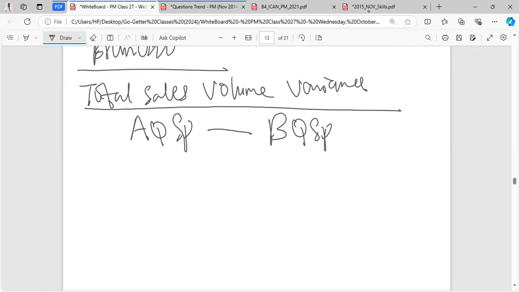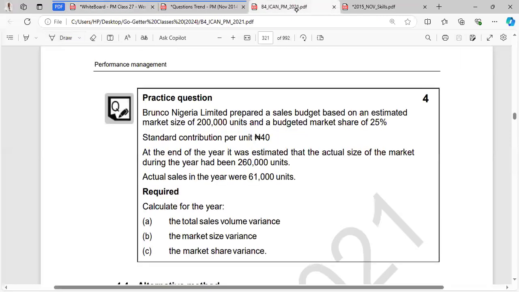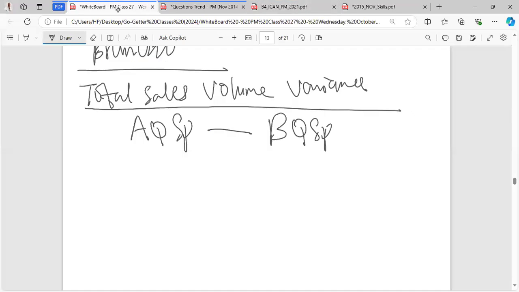The question says actuals in the year was 61,000. What is the standard contribution margin? It is 40.